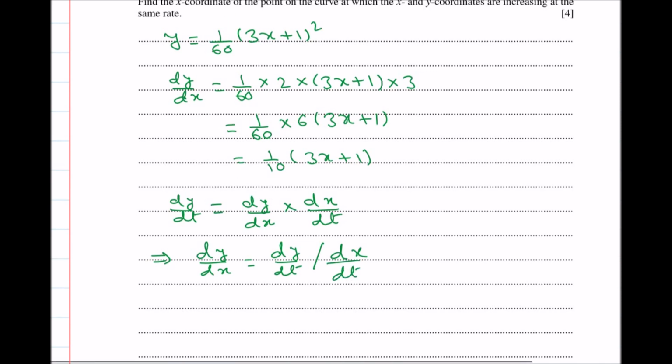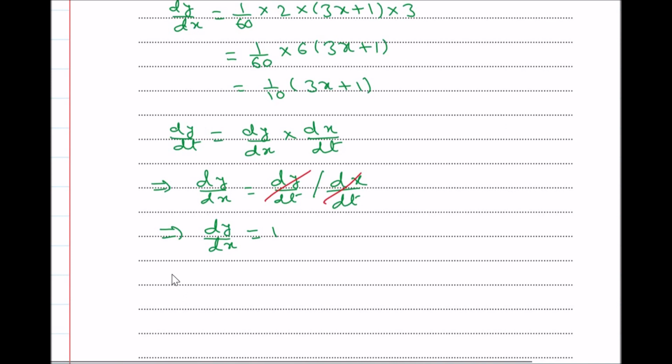And as the question says both rates are equal, so we can cancel them. So we get dy by dx equal to 1. Now, dy by dx we have already defined.